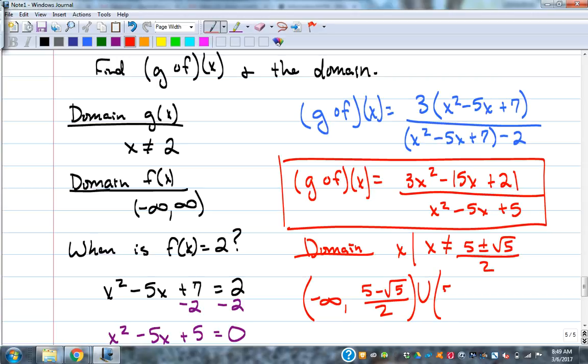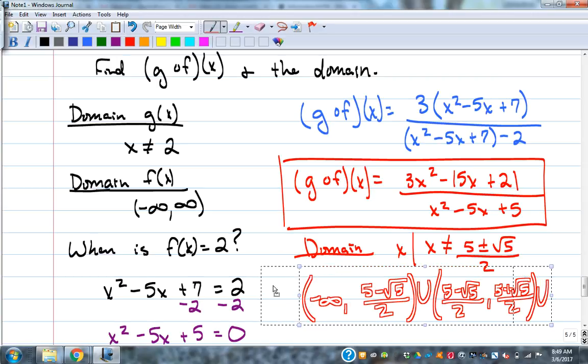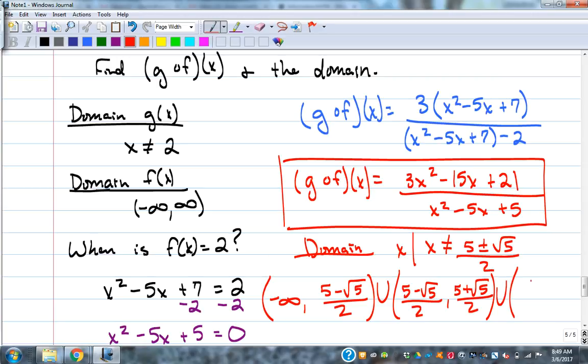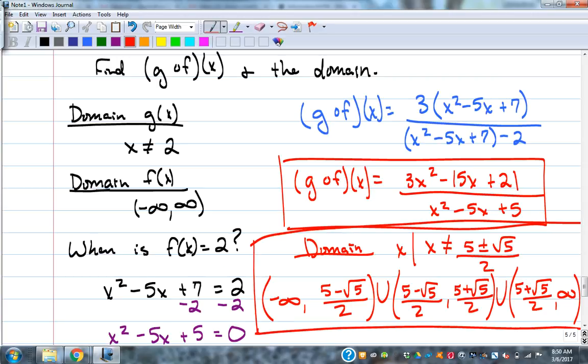And then from that to the plus one, and then from that to 5 plus the square root of 5 over 2 to infinity. There would be the domain.